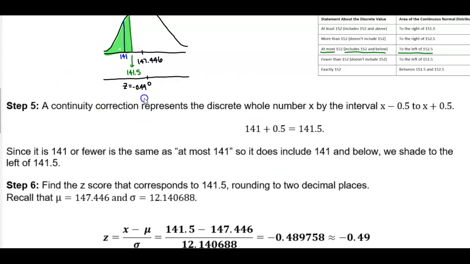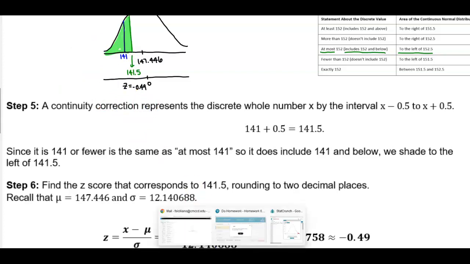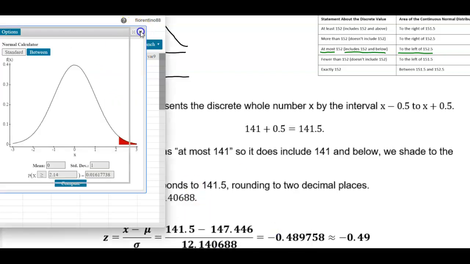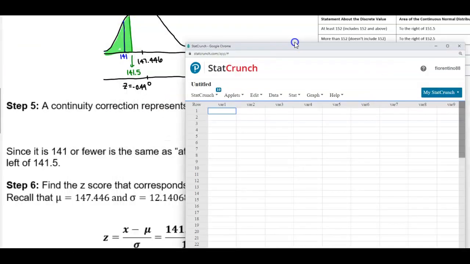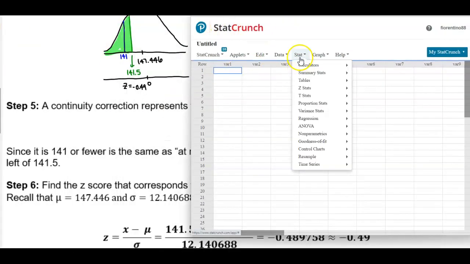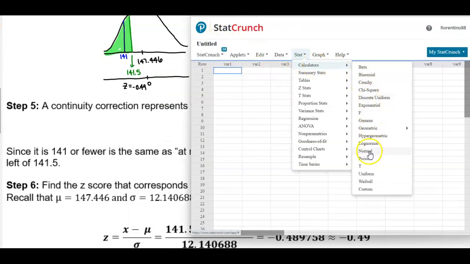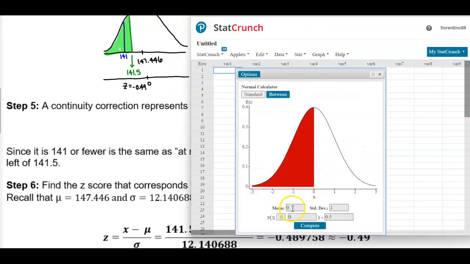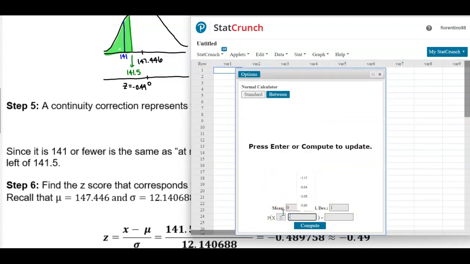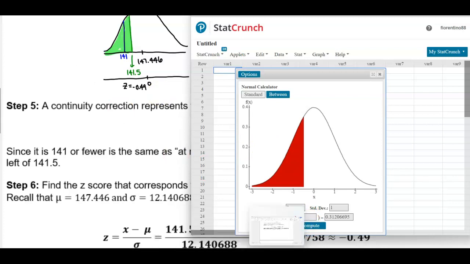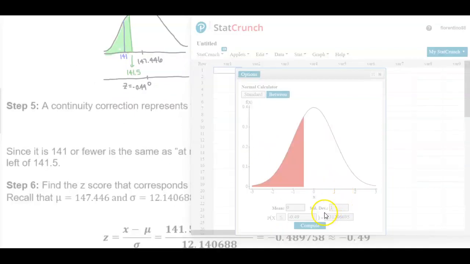Now we want to use StatCrunch to find the area that's to the left of negative 0.49. Opening up StatCrunch, select Stat, Calculators, and then Normal. We know that the mean is 0 and the standard deviation is 1. We already have it less than or equal to, so it is shaded to the left. Now we just put in our z-score of negative 0.49, and that gives us the area, or probability.